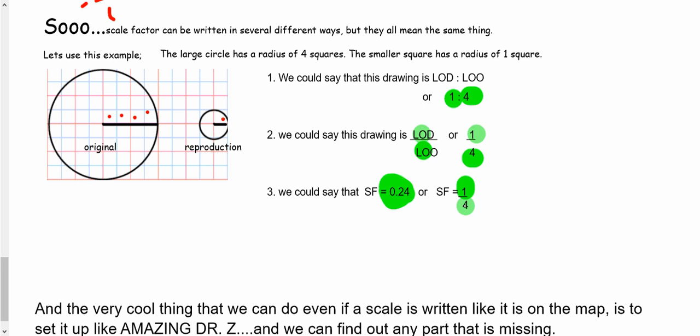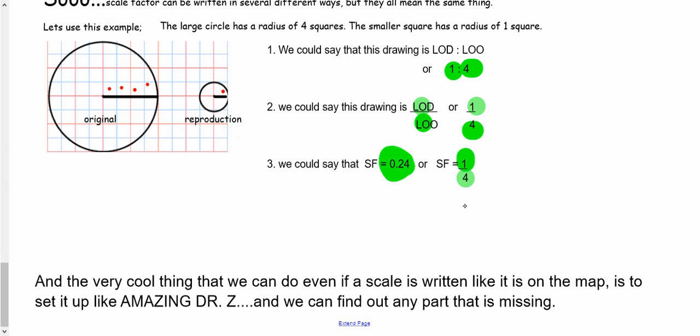The very cool thing we can do, even if a scale is written like it is on the map, is set up an amazing Dr. Z, and we can find any missing part. Let's say, for example, our scale factor is equal to 1 over 4.